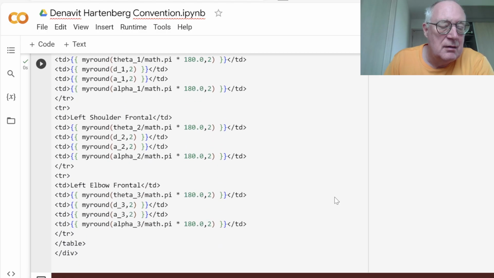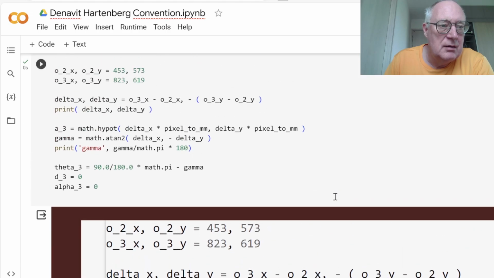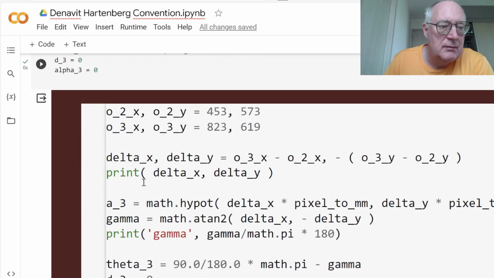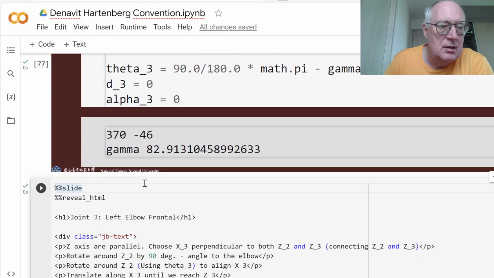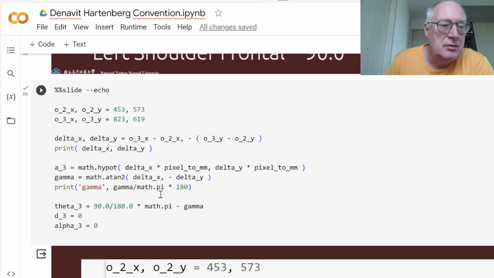Theta 3 is 90 degrees. Gamma is 82 degrees. No. Oh, that's because it counts from X to Y here. So there's no need to subtract 90 here.